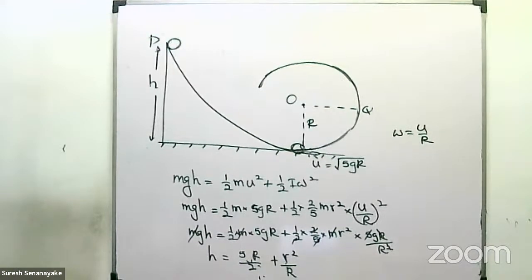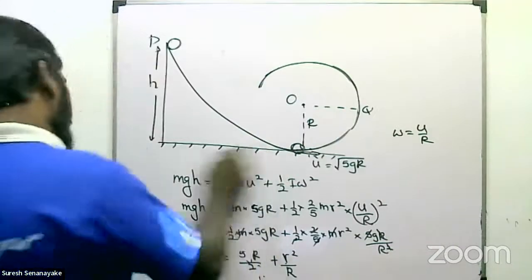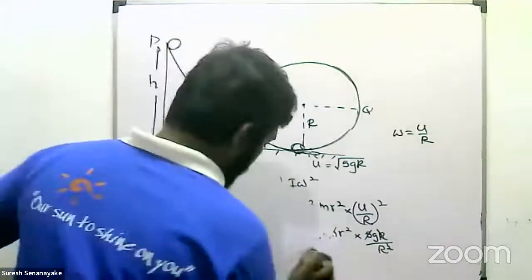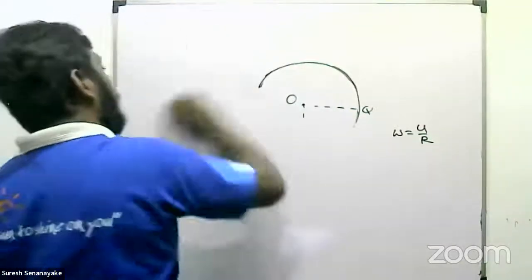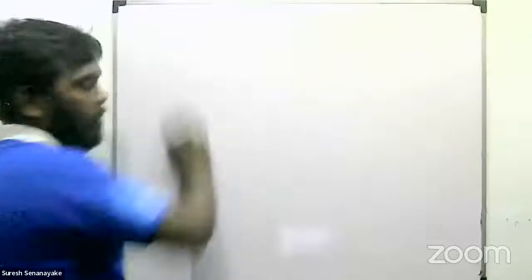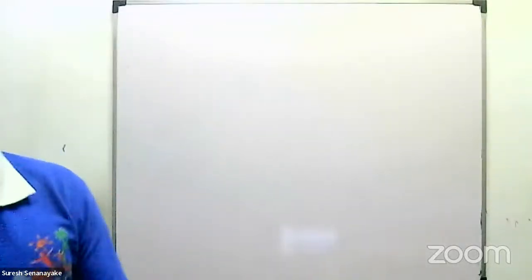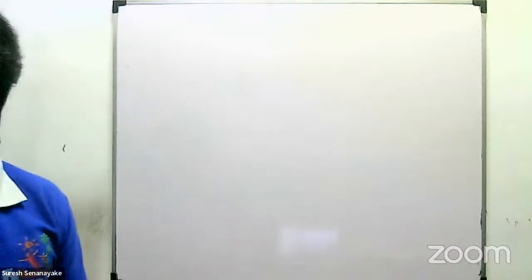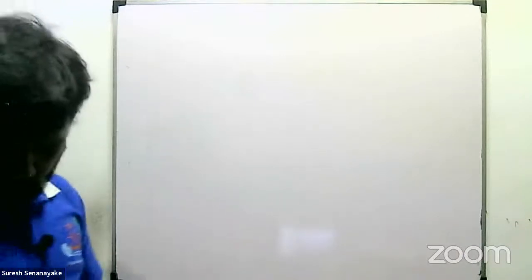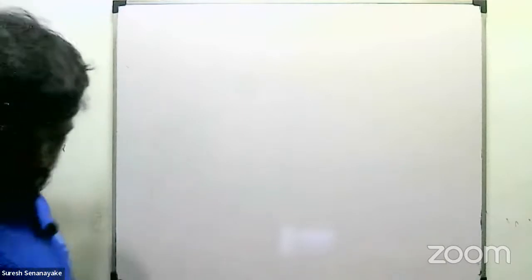Let's see how to solve this. Now there are two steel balls, each of mass 500 grams, rotating about the vertical axis.